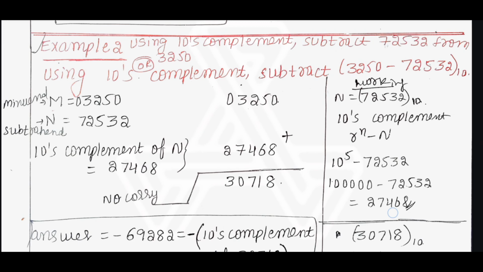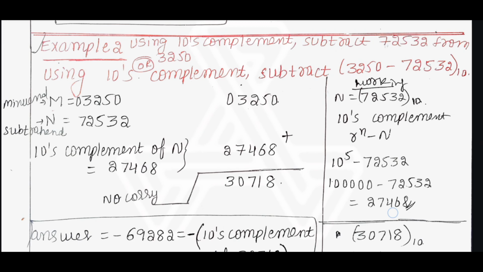That is, 72532's tens complement is r power n, that is 10 power 5 minus this number. 10 power 5 minus 72532 gives 27468. That is taken as the tens complement.